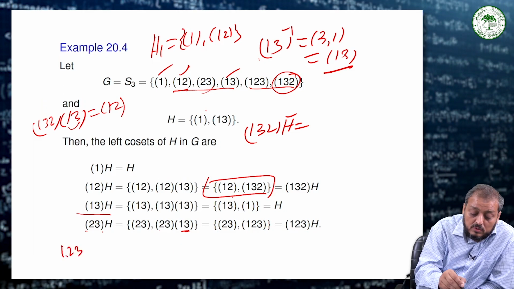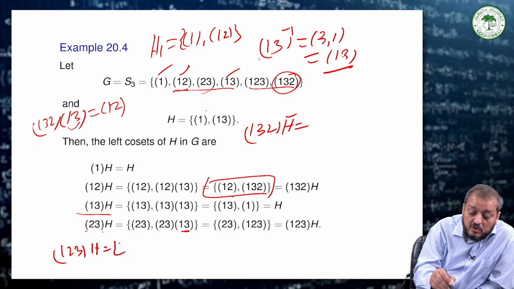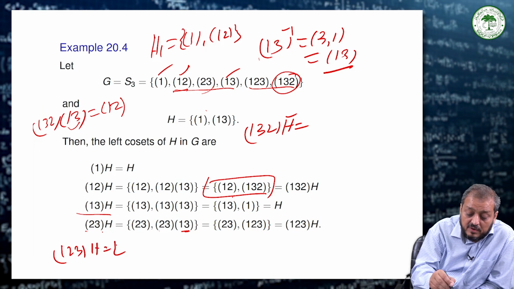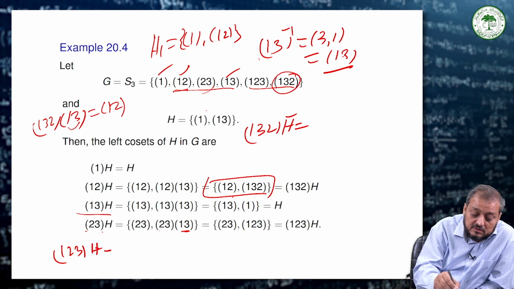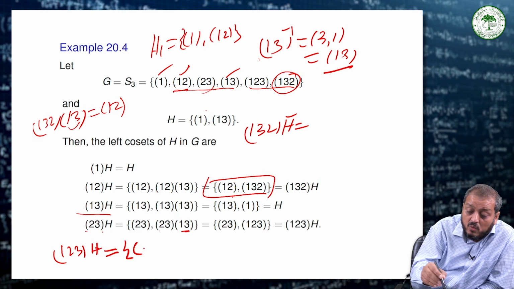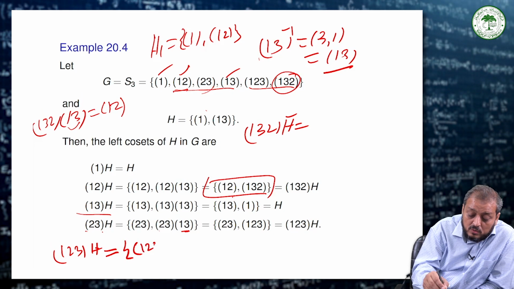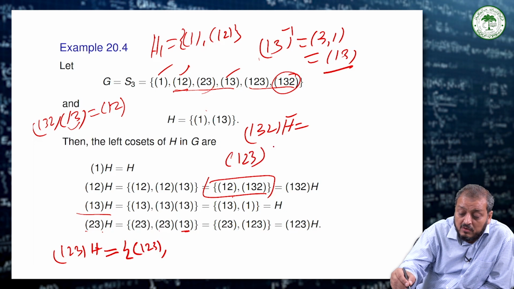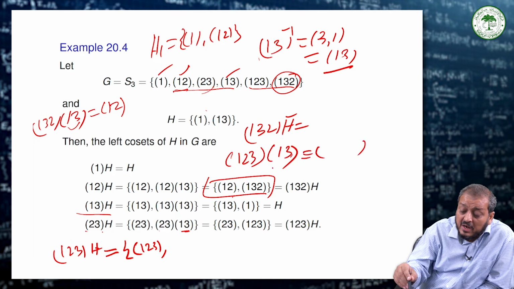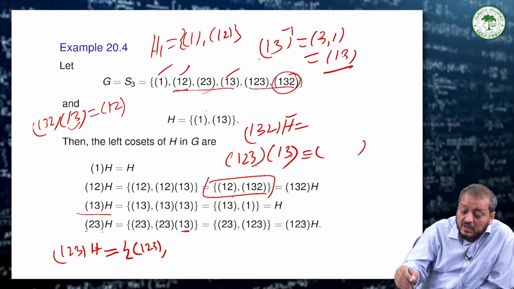So (1 2 3)h, multiplied by identity, you have simply this, (1 2 3), and then (1 2 3) with (1 3), 1 goes to 3 and 3 goes to 1.